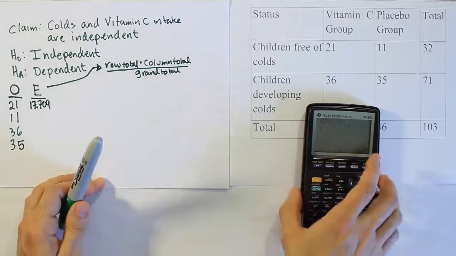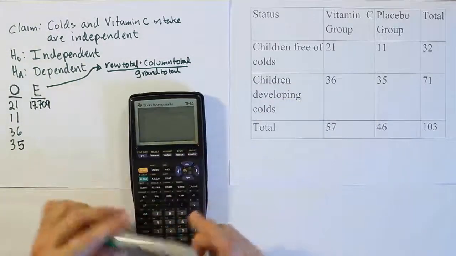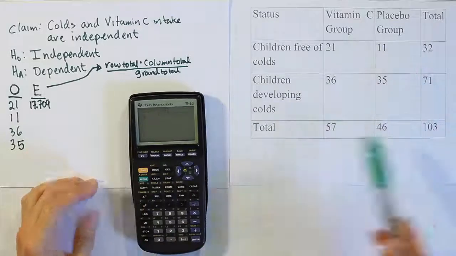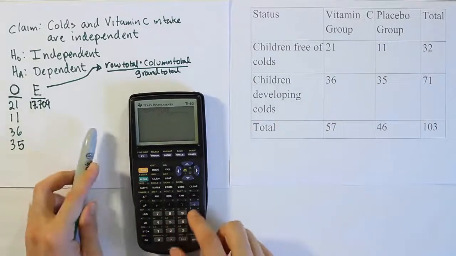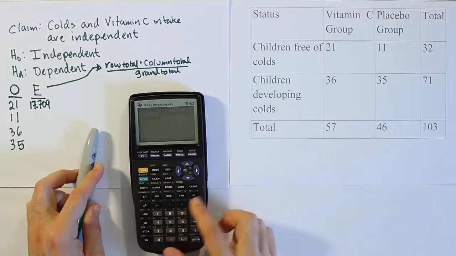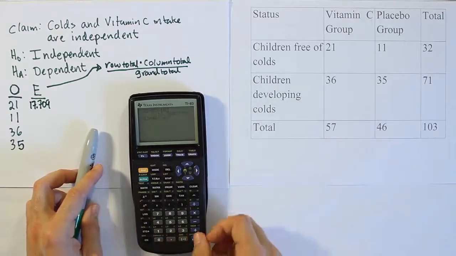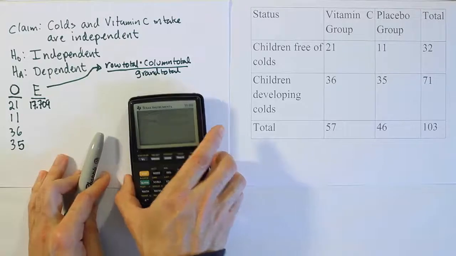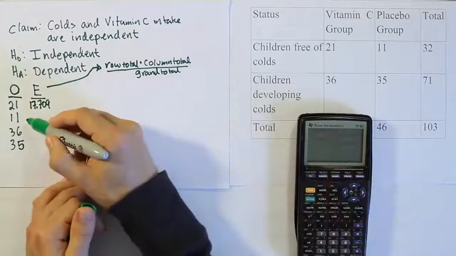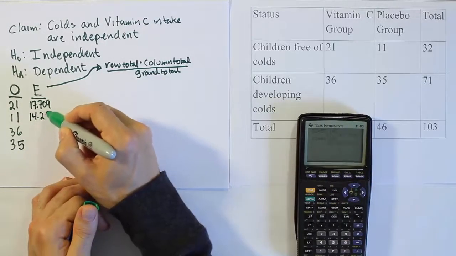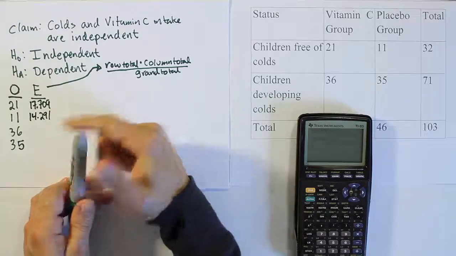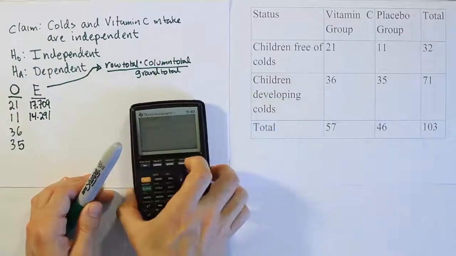Okay, now for 11, we'll do the same thing. It'll be 32 and 46. So 32 times 46 divided by the grand total of 103. So you get 14.291. All right, then for 36, we'll do the same thing.